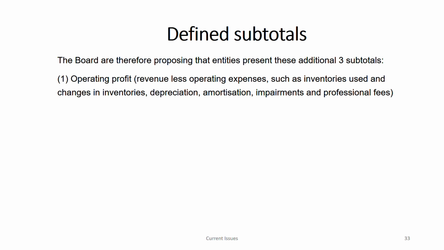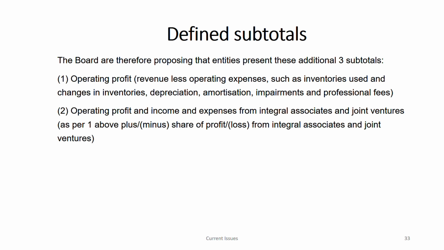It's known as operating profit. Second, operating profit and income and expenses from integral associates and joint ventures. I have a demo, okay? I will be illustrating with a statement of profit and loss how these three subtotals will be presented. But for now, let us read the theory part.